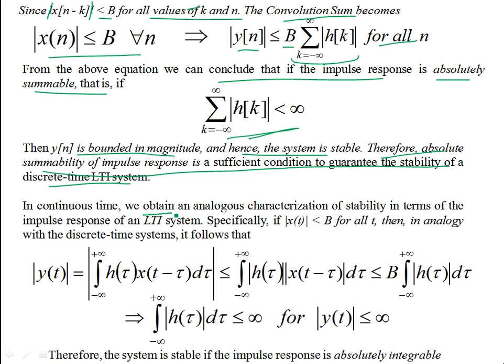Now, in continuous time, we obtain an analogous characterization. The analogy of stability in continuous time systems is very similar. It will be the absolute integrability of the impulse response.